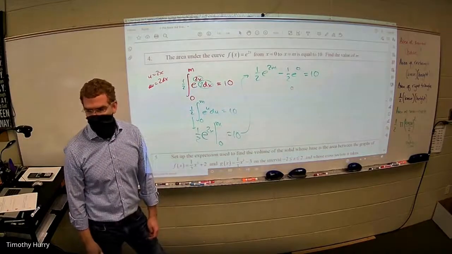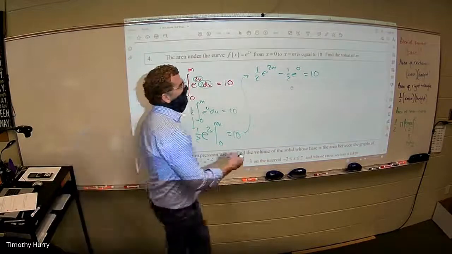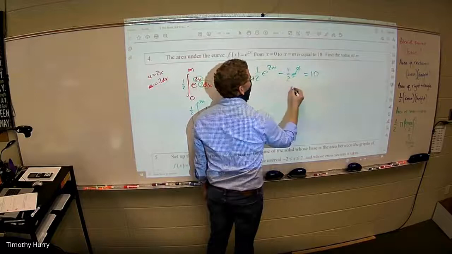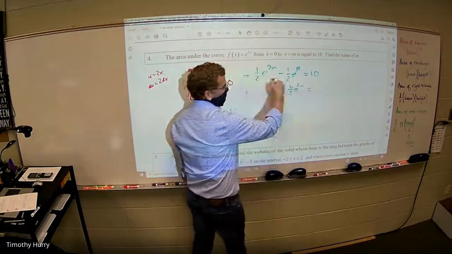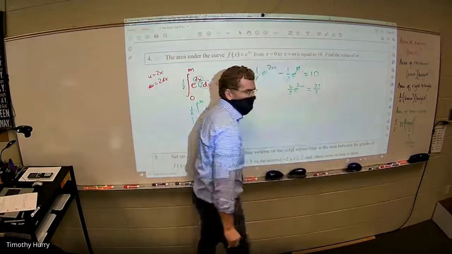Now, again, it might look ugly, but the algebra is really not that bad. What's e to the 0? 1. So I can add that 1/2. So 1/2 e to the 2m, and I'm going to add the 1/2, which gives me 10.5 or 21/2.